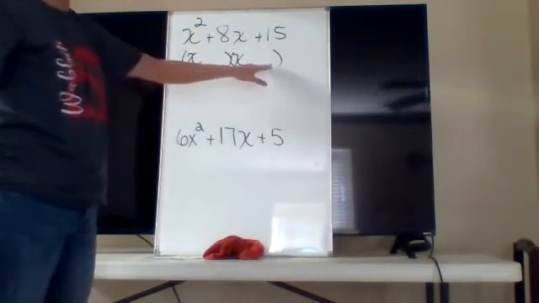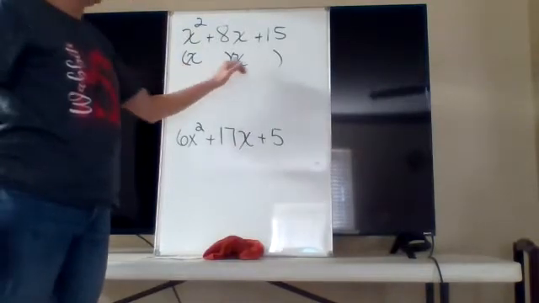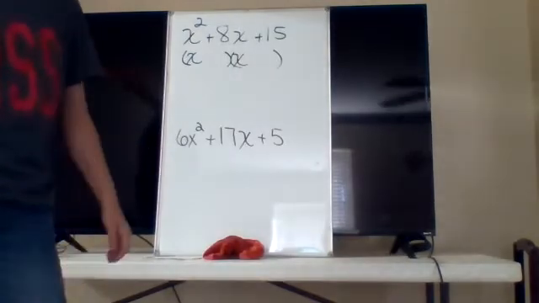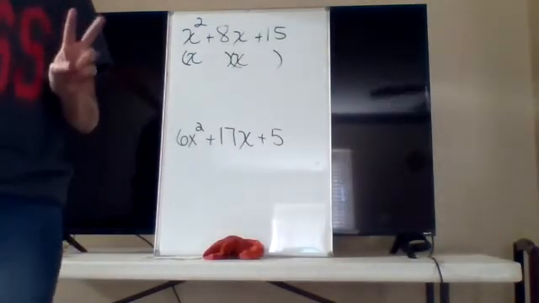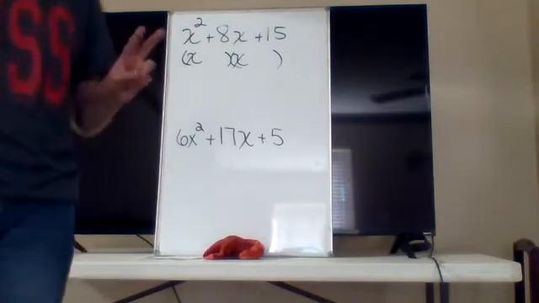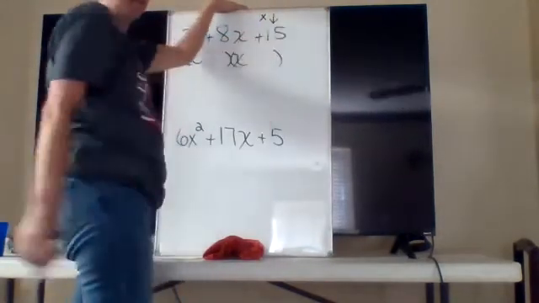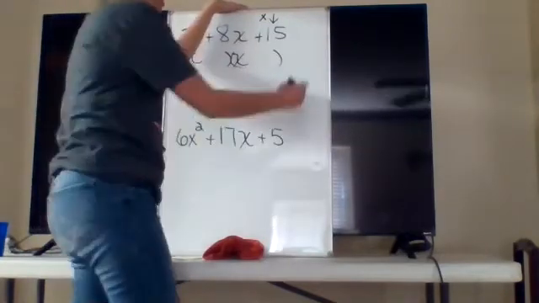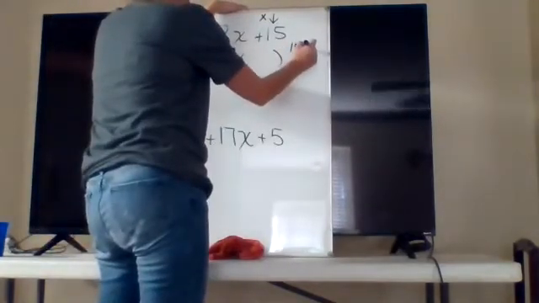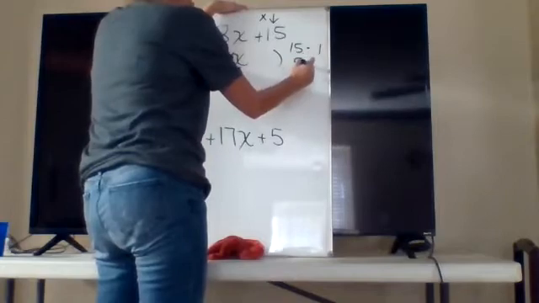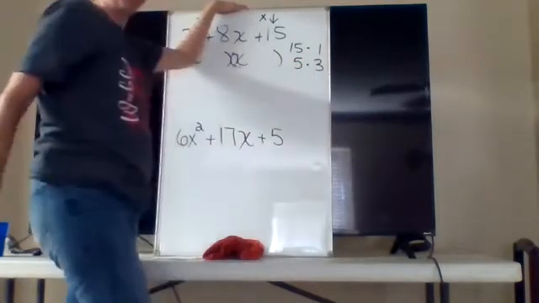The next thing you're looking for are the numbers that go at the end of each of your parentheses. And those numbers have to do two things. They have to multiply to equal 15. So let's see, my options would be 15 times 1 or 5 times 3.